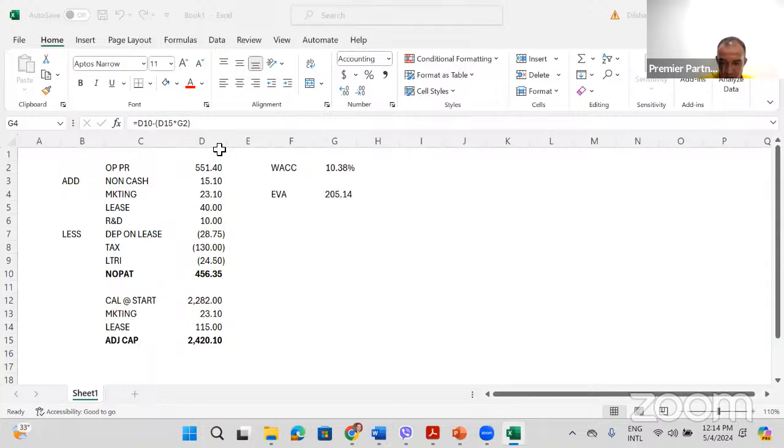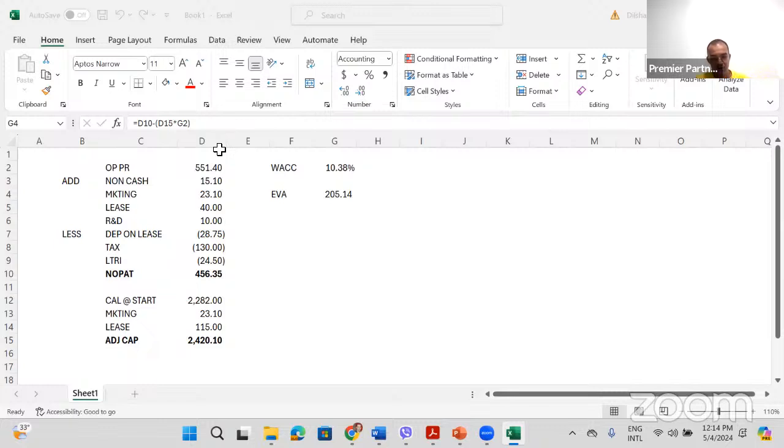In EVA, R&D, when do you amortize? When the product is launched. So here we still haven't launched the product, so that's why we did not amortize.